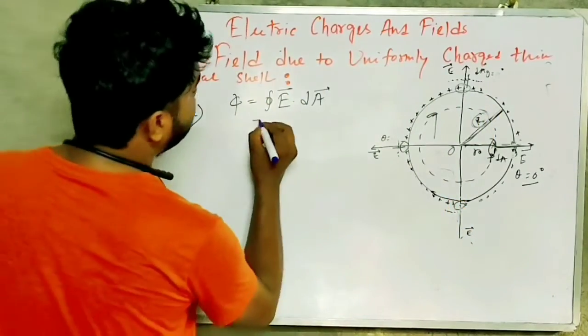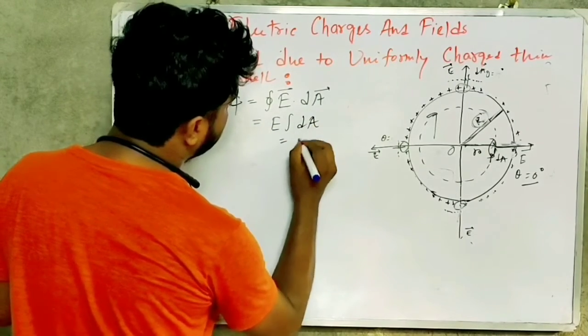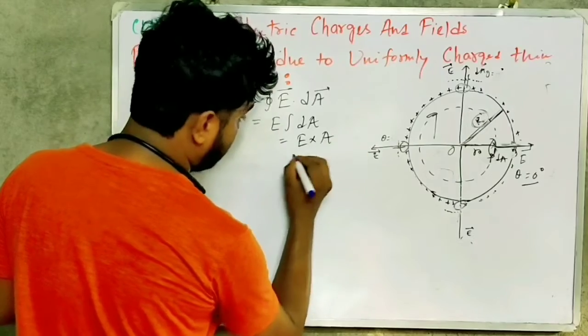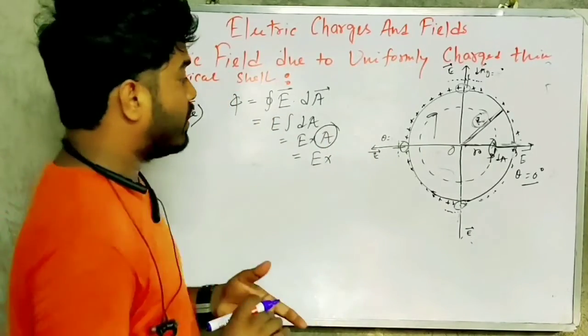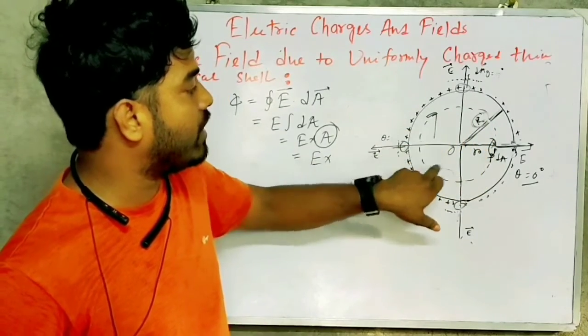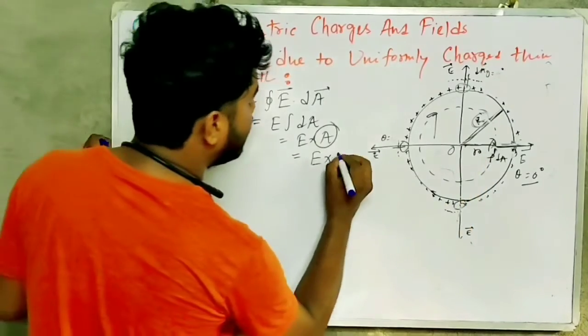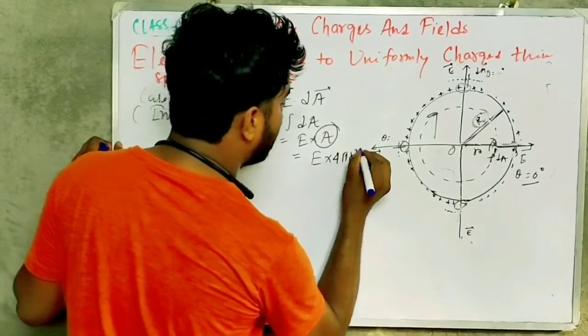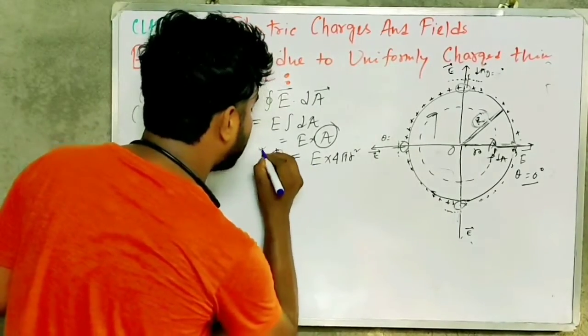So this expression will be E and integration dA, that is integration E. Just mind it, this surface area will be the Gaussian surface area. Here the Gaussian surface has radius r, so area will be 4 pi small r square. Clear? So this is the expression of electric flux phi.